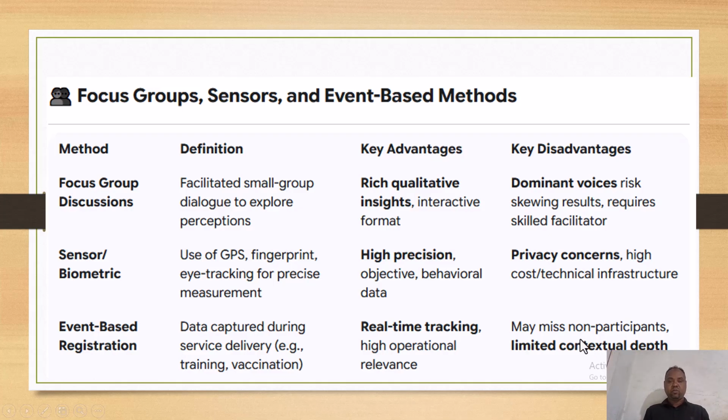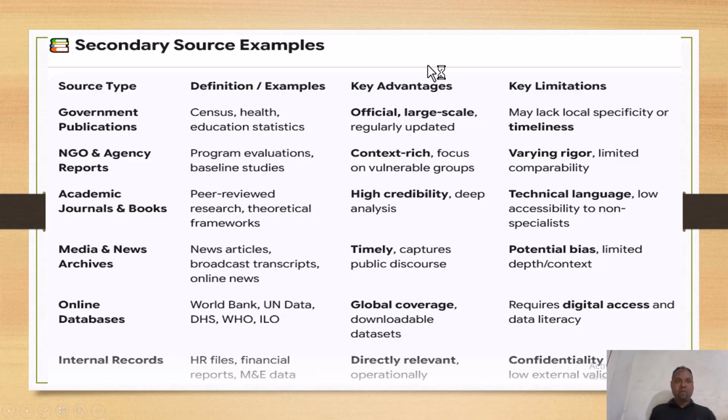This is also a disadvantage. And now we have examples of secondary sources. Government publications are one possible source of secondary data, specifically data related to census, health, education, and much more.